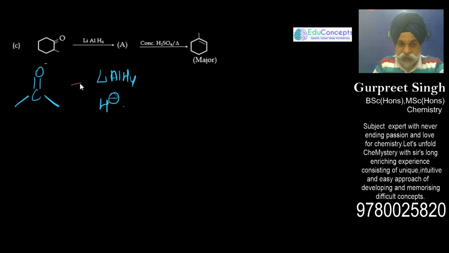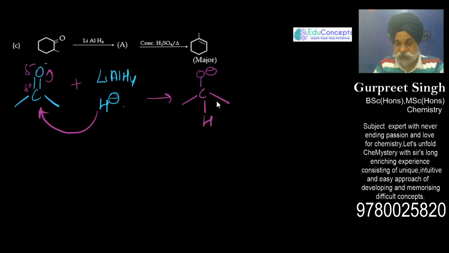So all of these reagents have mechanisms, but here what I'm telling you is a simple way to explain the things. So this attacks this as a nucleophile, and this is what you call nucleophilic addition. So nucleophilic addition has happened, so H goes here and this goes here, and the counter ion is the lithium moiety.